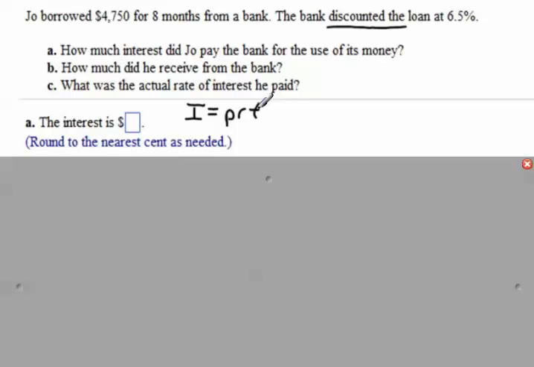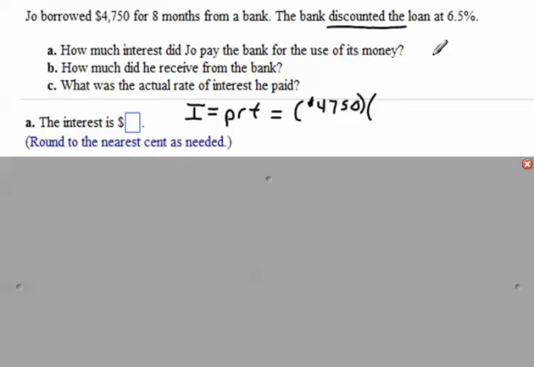So in this problem, the principal is $4,750.